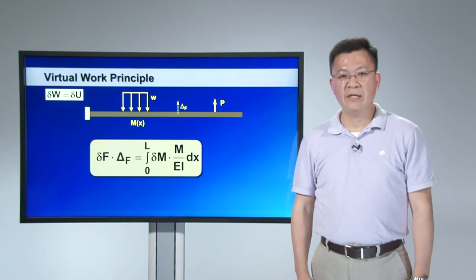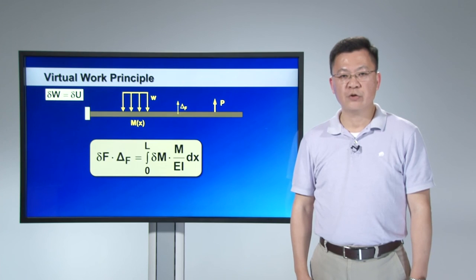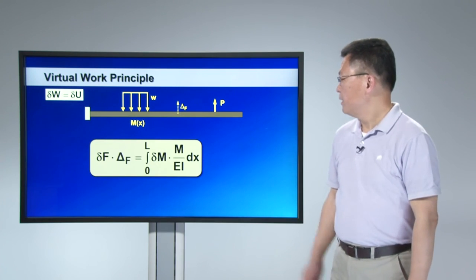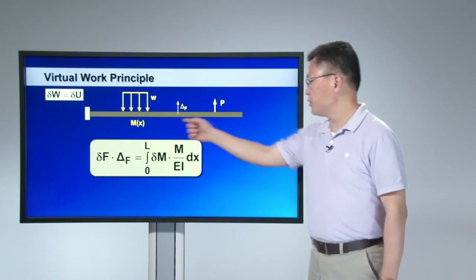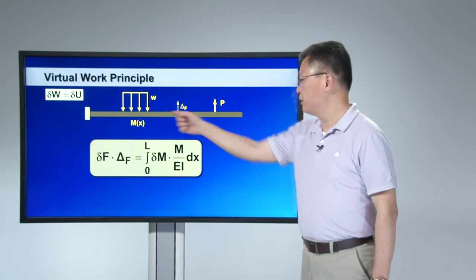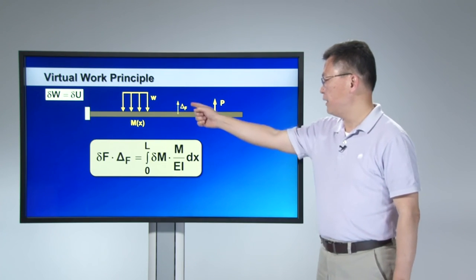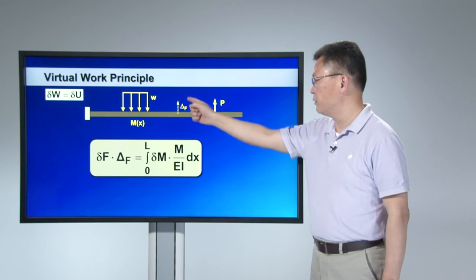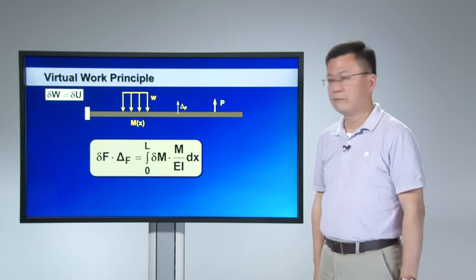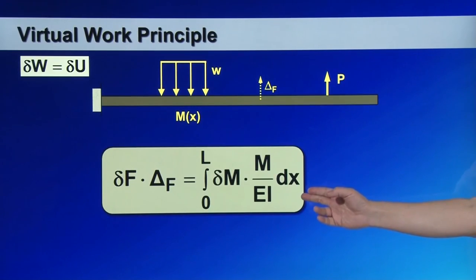Let me summarize the virtual work principle for beam structures in this slide. This is the cantilever structure under a set of external loading, and I wish to find deformations at particular locations of the structure. And here is the virtual work principle we just derived for a beam structure.